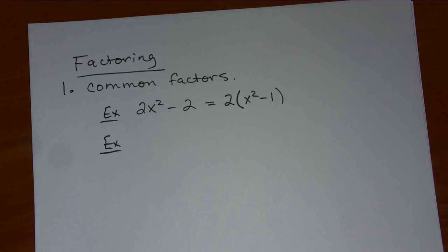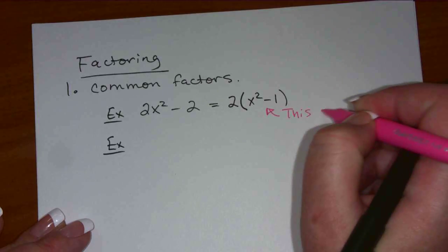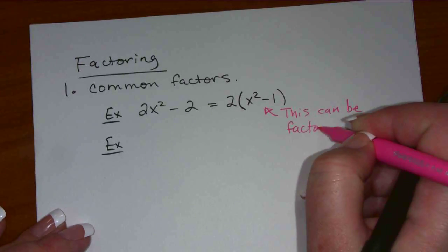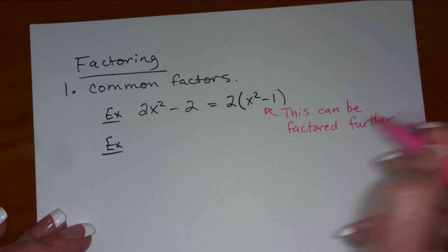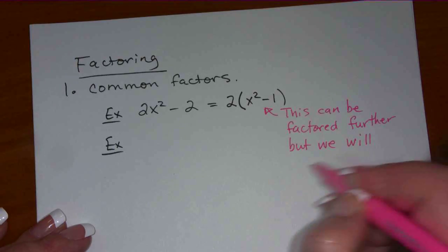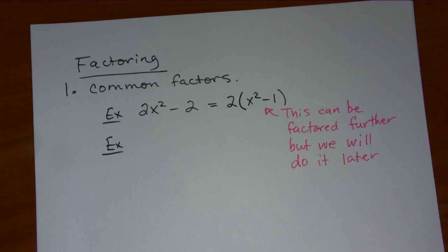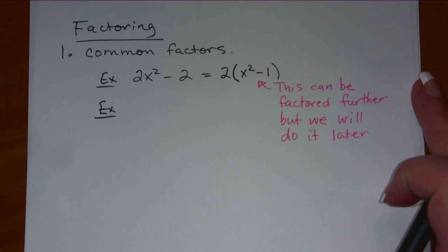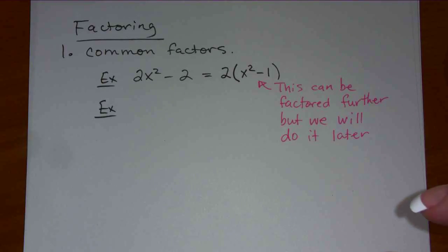Maybe we'll put a note here: this can be factored further, but we'll do it later, okay? I just want to put that note there, because if you're looking back through the notes and say, well, why didn't she finish that question? It's just because we're only doing common factor to start, okay?